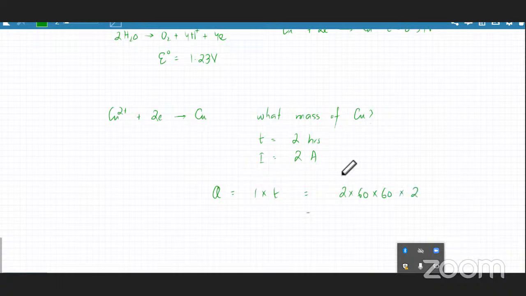ठीक है, तो total charge आ जाएगा, which is going to be what? अच्छा, calculator ही नहीं है. Do you have a calculator? Yes sir, I'm doing it.